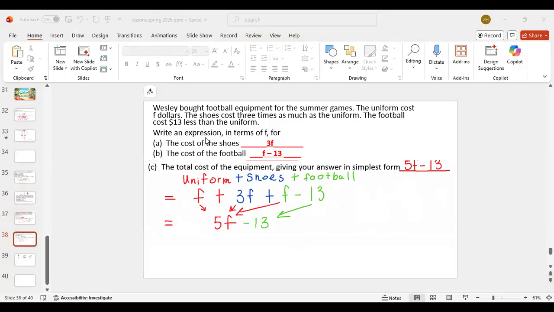All right. So let me go ahead and, this is going to be quiz 5.